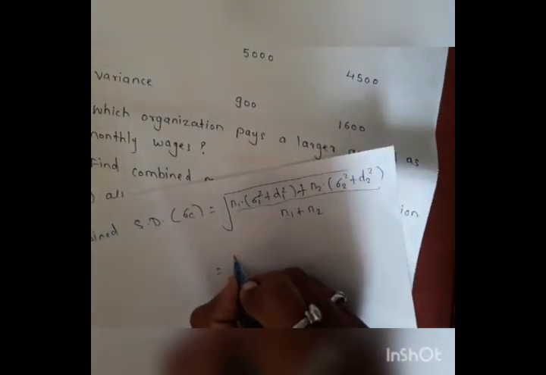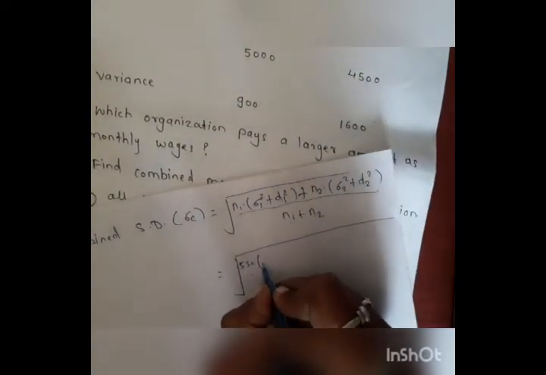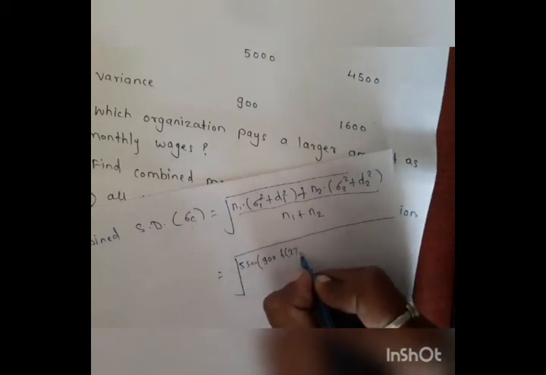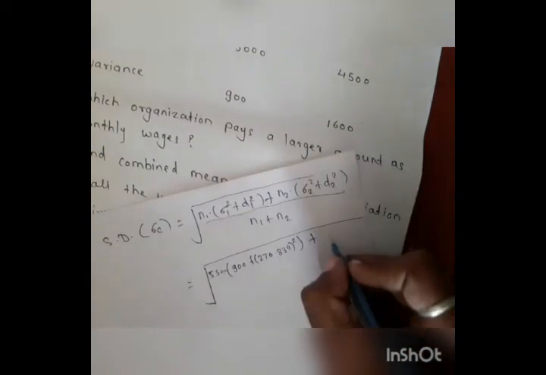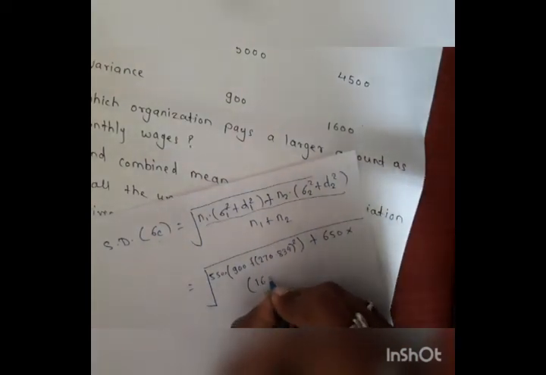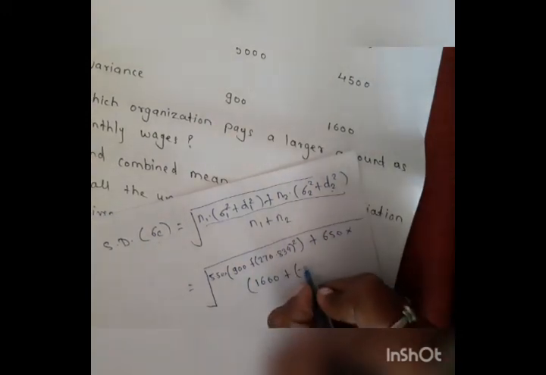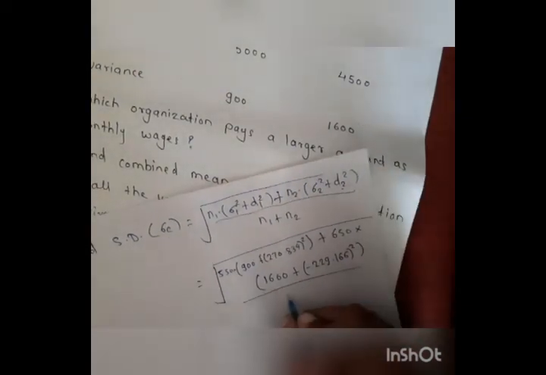So put in the values: n1 is 550, sigma 1 square is 900, plus d1 square, where d1 is 270.834 squared, plus n2 is 650 into sigma 2 square is 1600 plus d2 squared, where d2 is minus 229.166, divided by n1 is 550 plus n2 is 650.